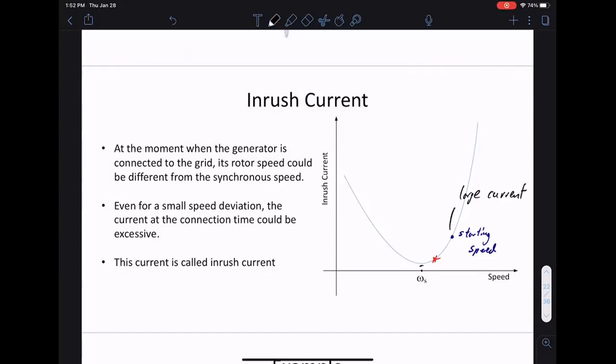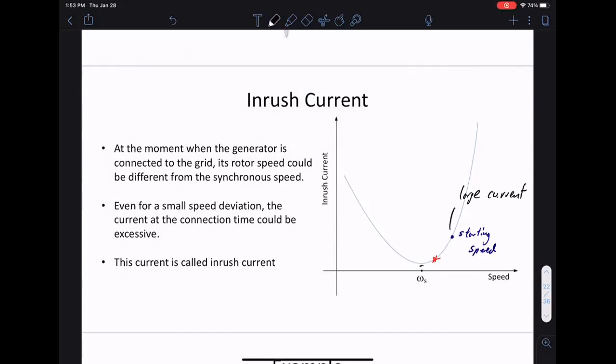So if you have a blade, a turbine, a machine, let's say your equilibrium speed is 1250 RPM. However, when you first get connected to the grid, your speed may be larger, let's say 1300. And you have a big rush of current through the system, and this creates a surge in current.